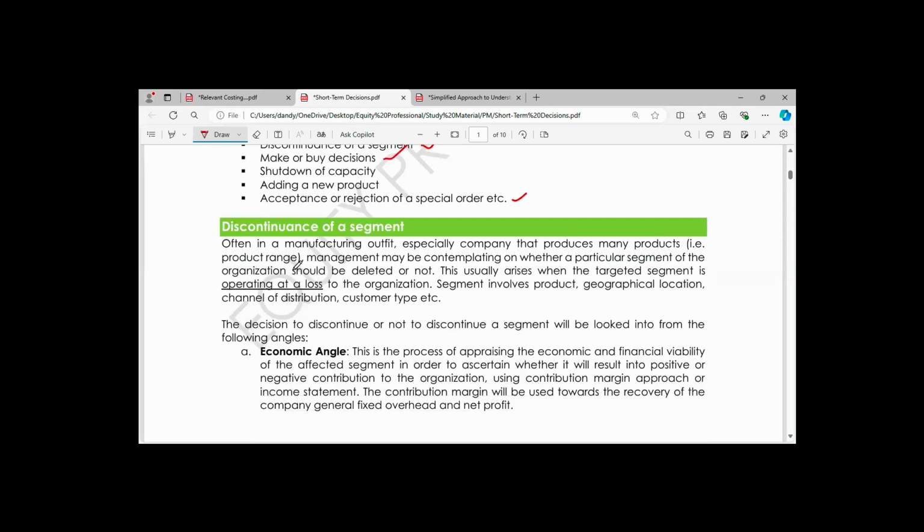Then I will provide you with the formats, what should be your recommendation, as well as the qualitative factors. Then if you still have time, we can have an illustration tonight. Okay, so let's take it one by one. What is deleting of a segment?